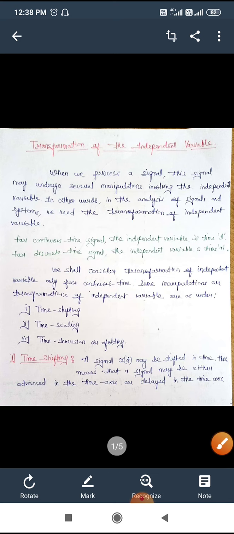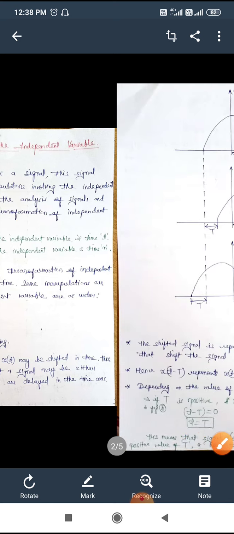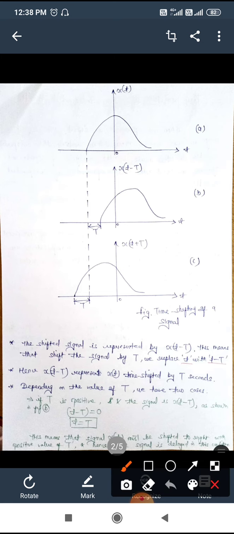Now we will discuss this with the help of a figure. This is our first signal x(t), which we have to shift either to the left side or to the right side. If we want to shift our signal toward the right side, that means we must delay our signal by some value.